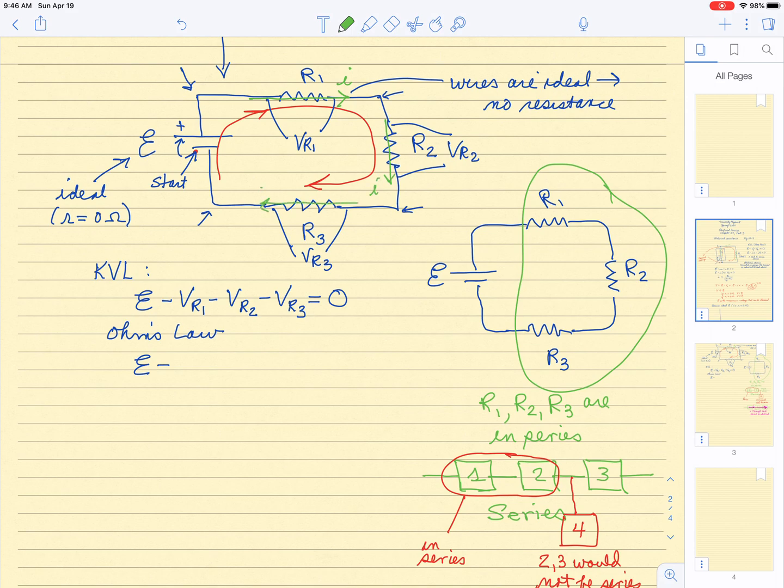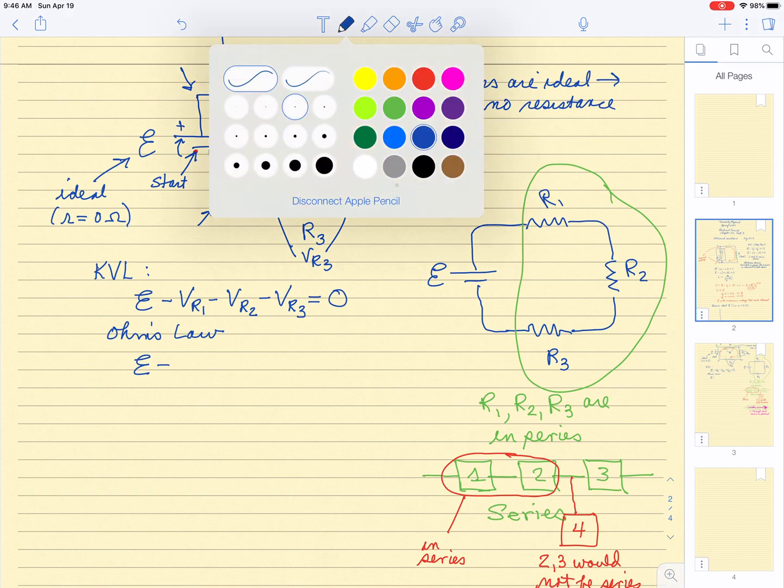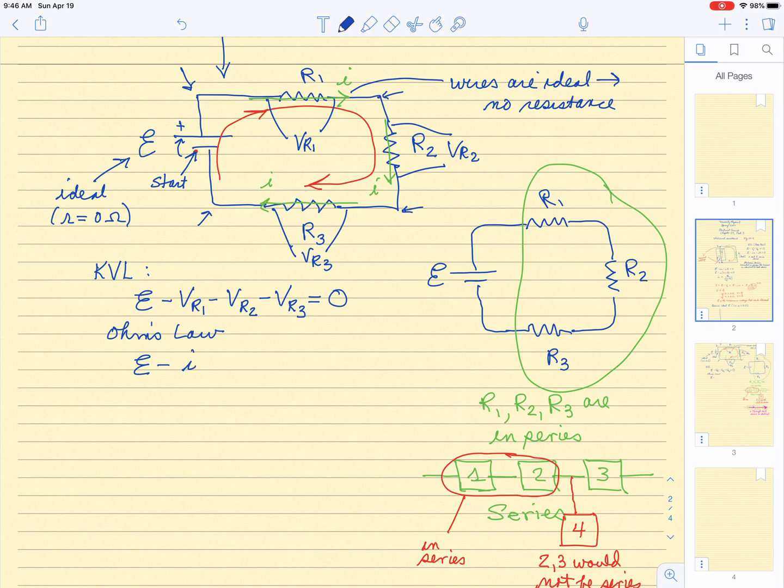And so then this is going to be E minus the current times R1 minus the current times R2 minus the current times R3 must be equal to 0.